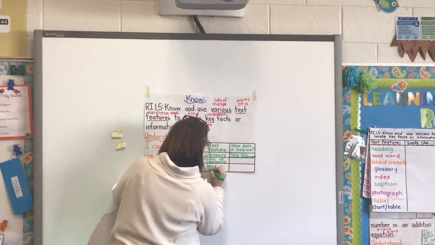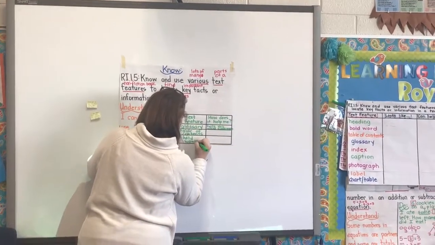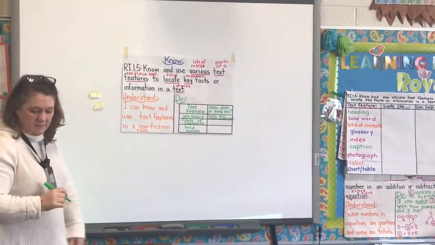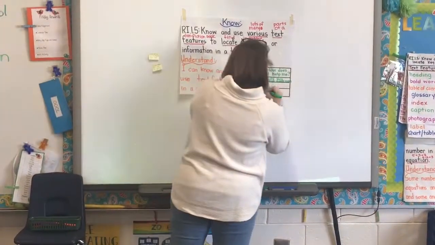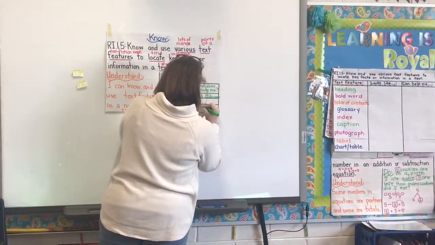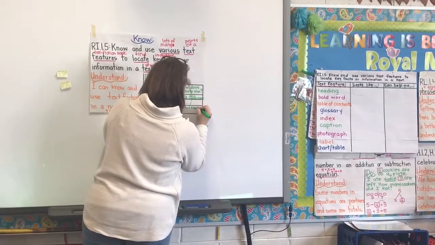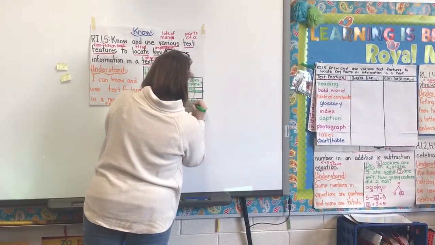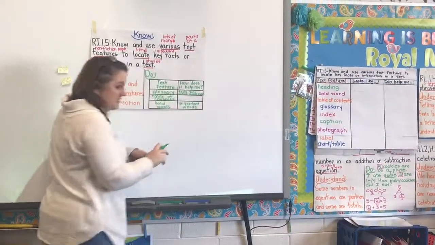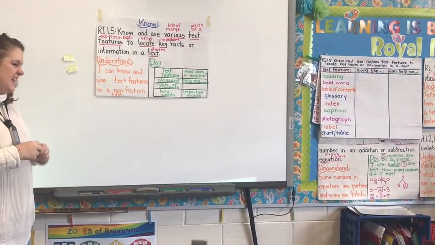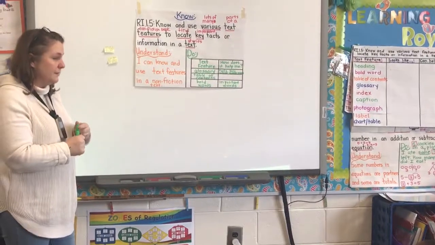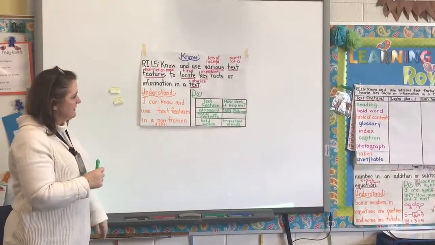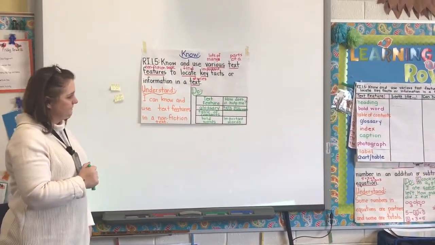Yeah. What do bold words tell you? They're really important words, that's right. So we know that when we see a bold word in a nonfiction text, that word is very important. It's not an 'a' and 'the' and 'and,' right? It's a really important word. Okay, so that is what our next standard is going to be. Okay?